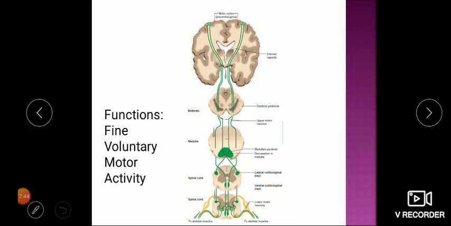Now the main function is basically to control fine voluntary motor activity. So this corticospinal tract controls voluntary activity. And there again a division is there. That's why if you get trauma on the right side, you get the majority of loss on the opposite side.